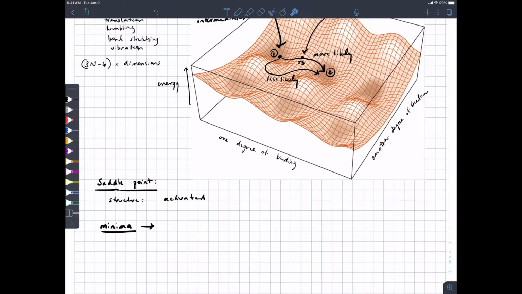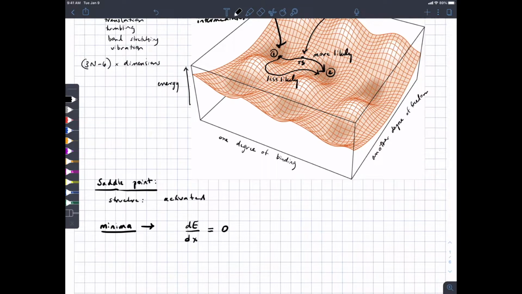Okay, and so we might say that one thing that characterizes the minimum, first we would say that the first derivative of energy with respect to whatever these coordinates are has to equal 0, because that's how we find minima in calculus, right? That's where the minimum is, where the slope is 0.